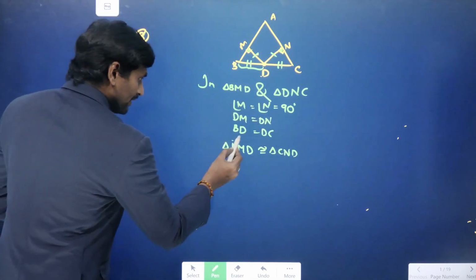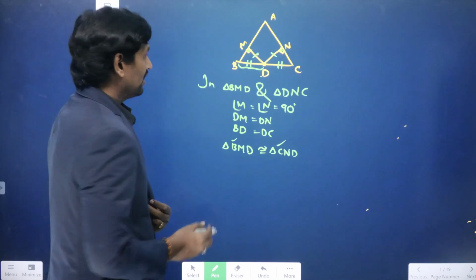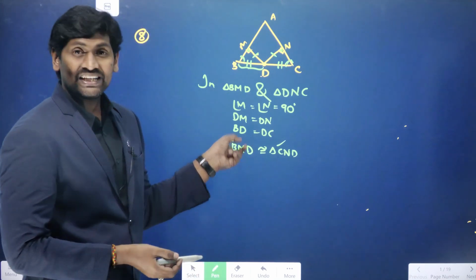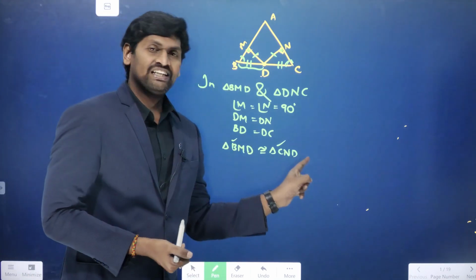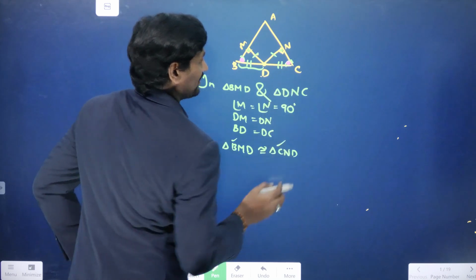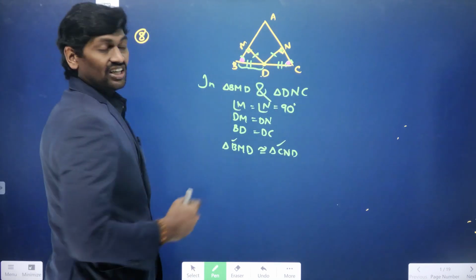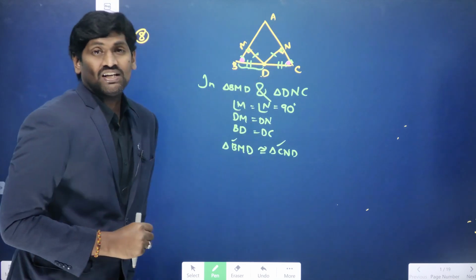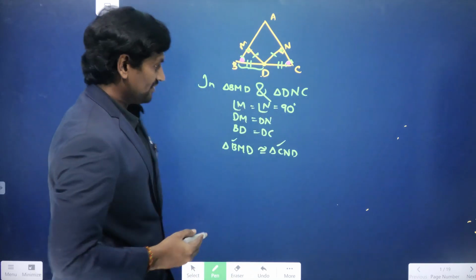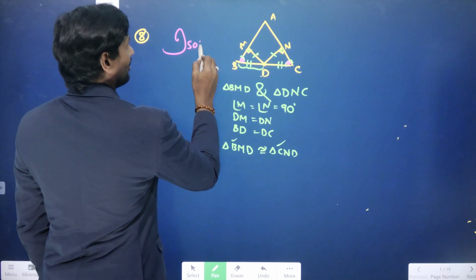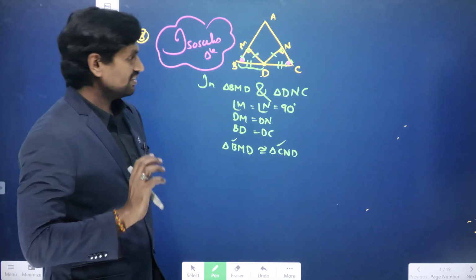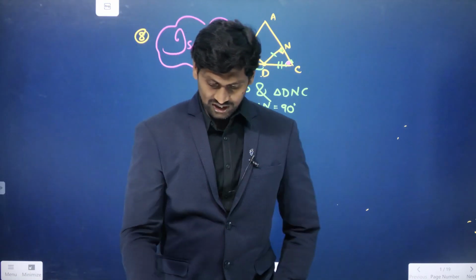Nothing but angle B equals angle C, and angle M equals angle N and angle D equals angle D. So from this we have identified that angle B equals angle C. That means in triangle ABC, two angles are equal, so we can consider that it is an isosceles triangle. Okay? Let us go to the next problem.